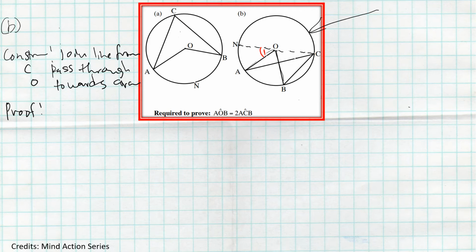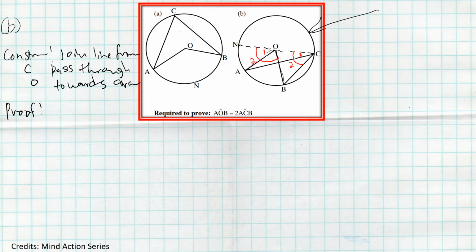It will quite confuse you, and this is quite different from what we did using diagram A. So we're going to name this angle O1, and we're going to name this whole one angle O2. Similarly, I'm going to name this angle C1, and we name this whole one angle C2.